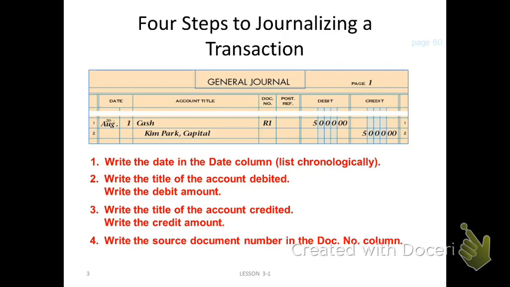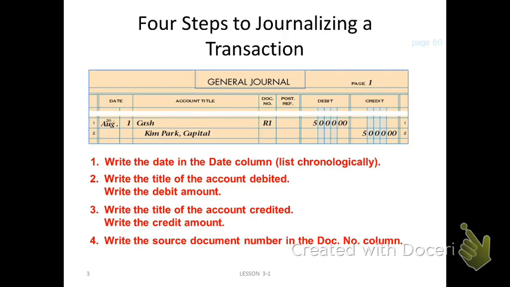So there are 4 steps to journalizing any transaction. You learned these in class today, but just to reiterate, the first thing you want to do is include the date, and there is a column just for the date on the far left. You have to include the year and the month for the very first transaction on any journal. You do not have to rewrite the year or month ever again until or unless that month or year changes on the paper.